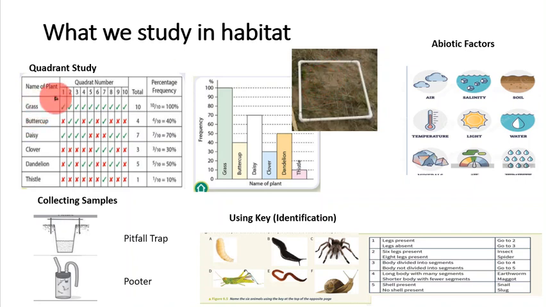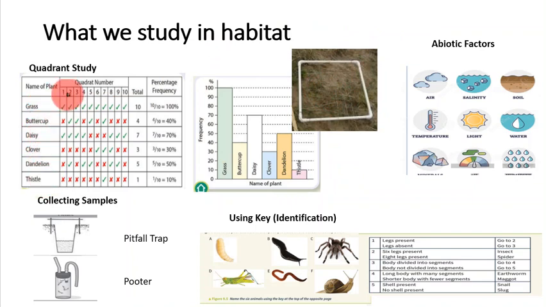So this is an example of what we mean. What the person has done is put down 10 different quadrats like this. So imagine this is one, and they would have had 10 of them all in different locations within the habitat. Then they look within the quadrat and see whether these particular plants are present or not present.